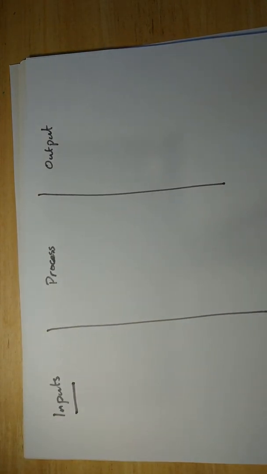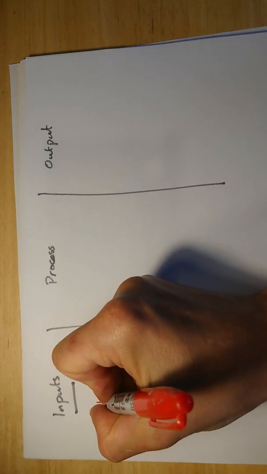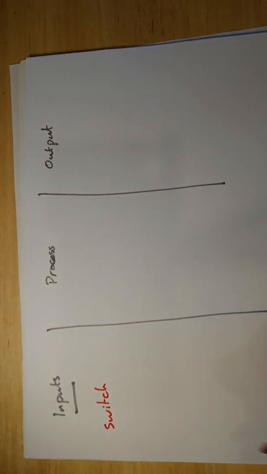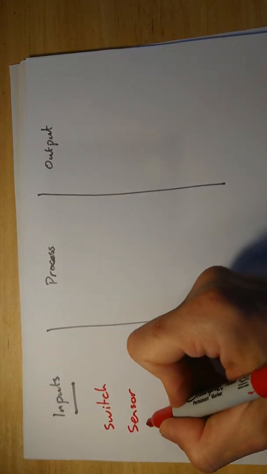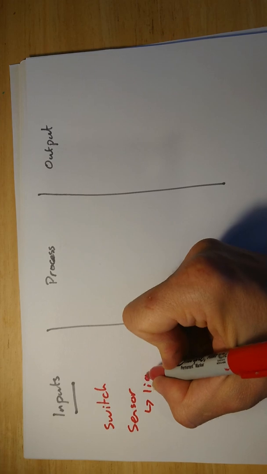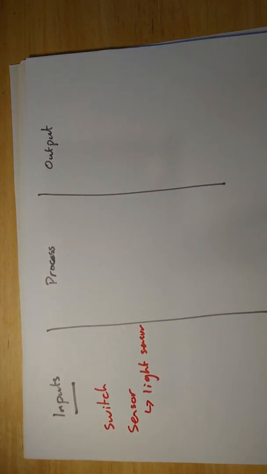Inputs are things that we input into computers or into electrical products. These could be as simple as a switch. They could be a sensor, and these sensors could be a light sensor, so they could sense light.